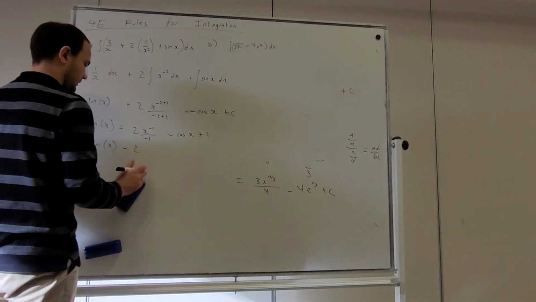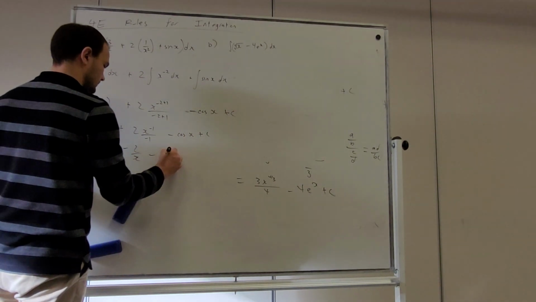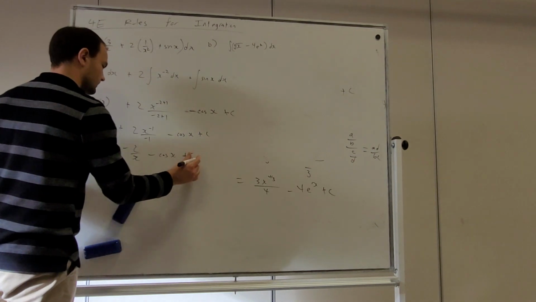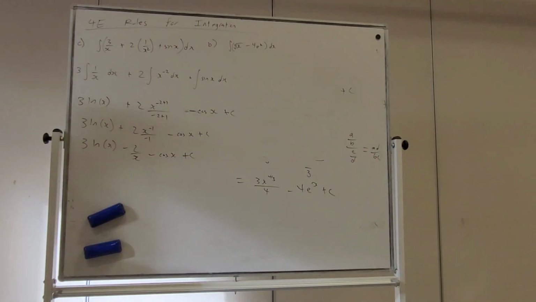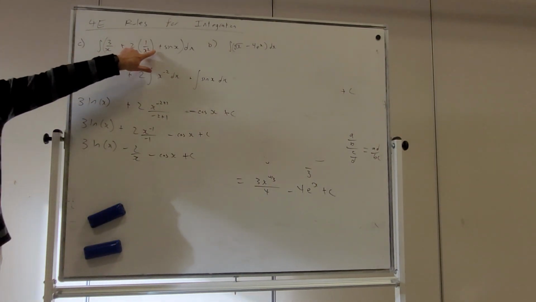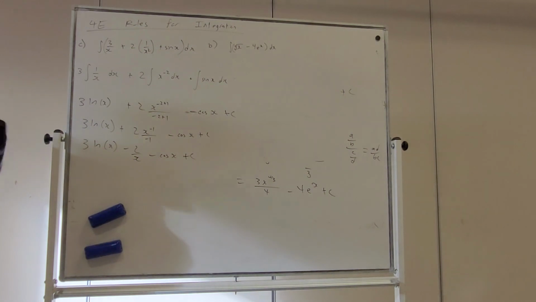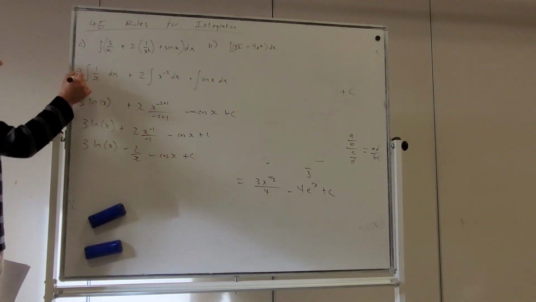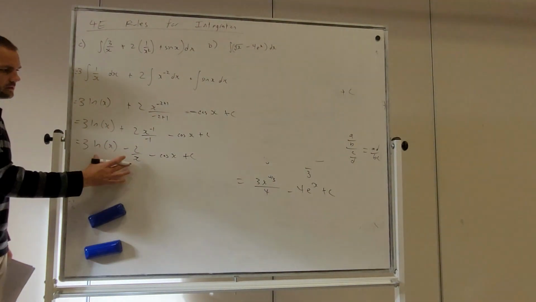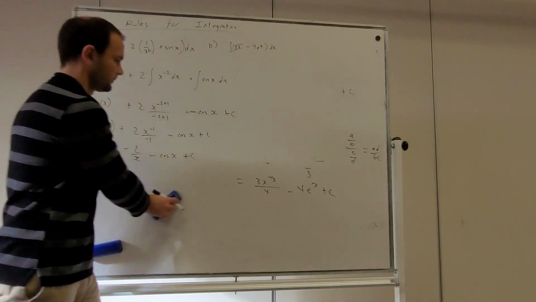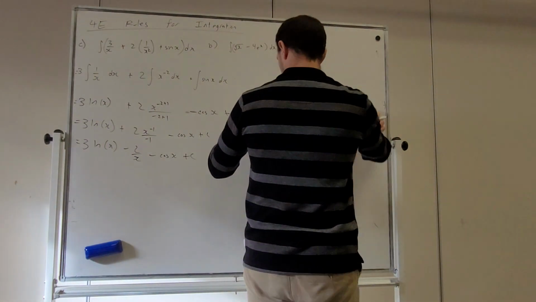So you can write it like this. Alright, so if you integrate this is what we obtain. Therefore, if you were to differentiate this, you'd get what we started with. Alright, so that's question 1.